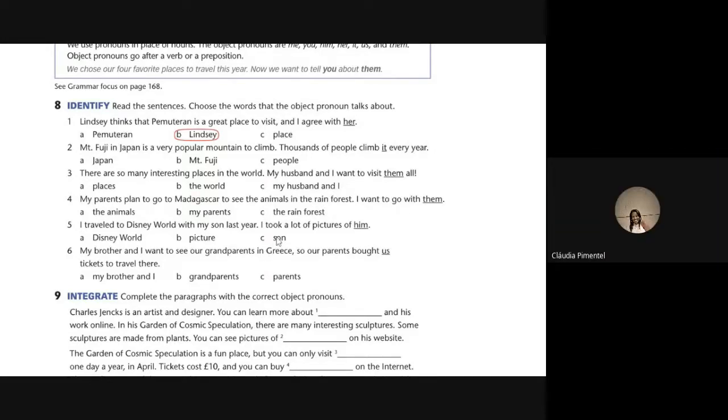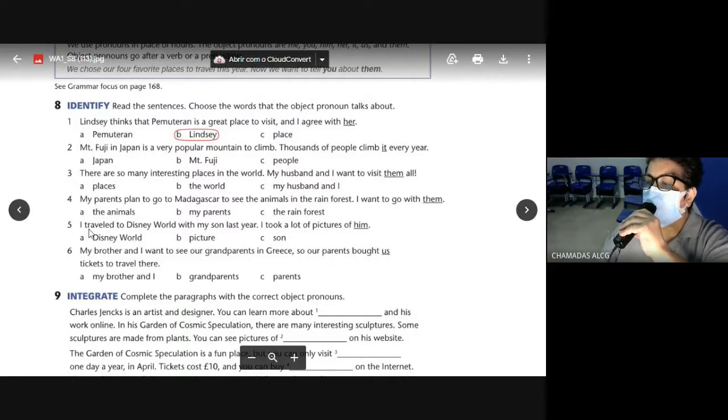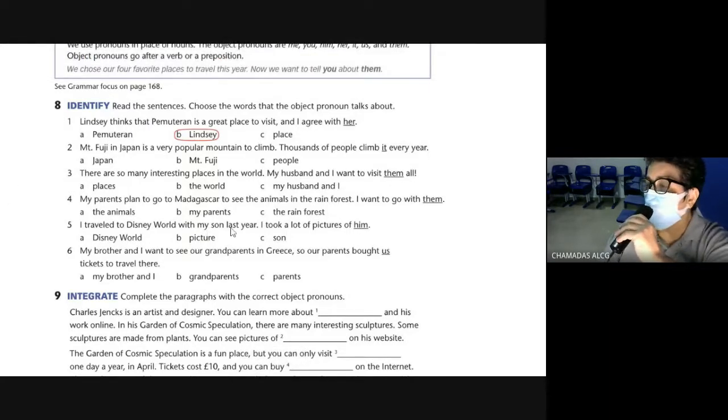B. Excellent. My parents. Very good. Letter B. Number 5. I traveled to Disney World with my son last year. I took a lot of pictures of him.